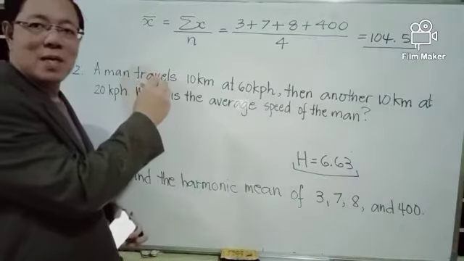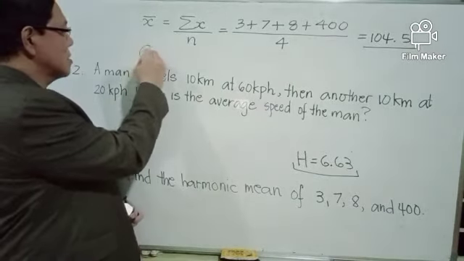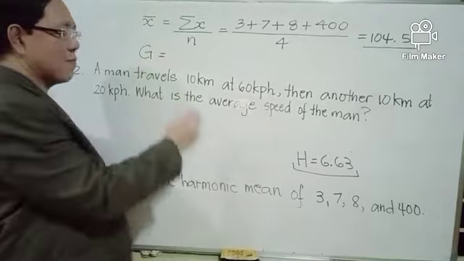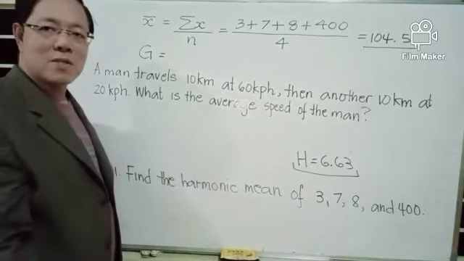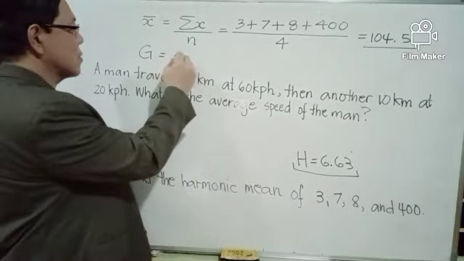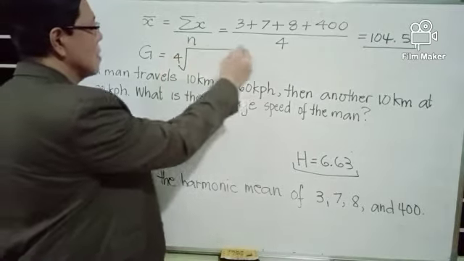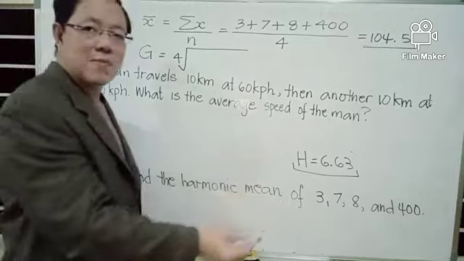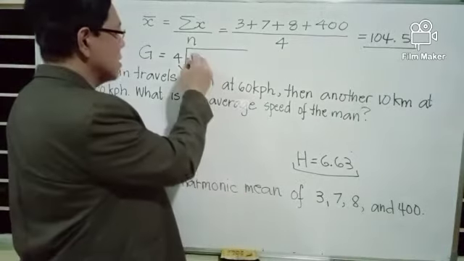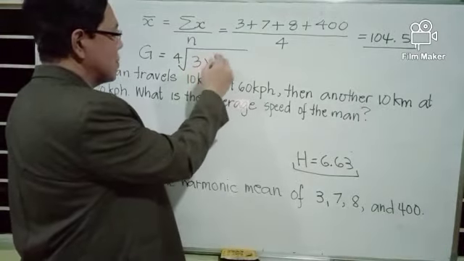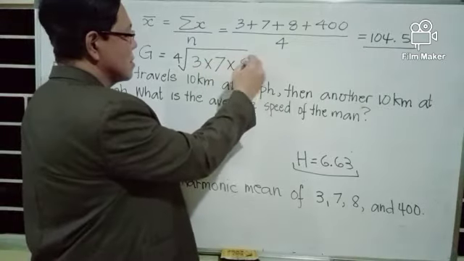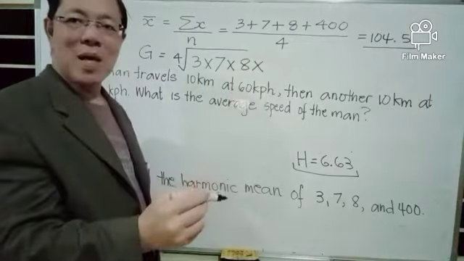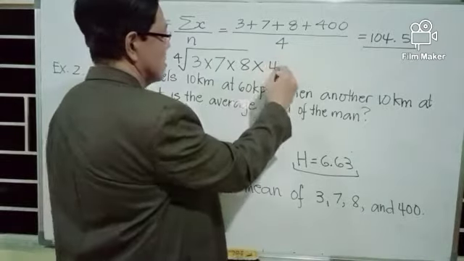The geometric mean is denoted by G. For our example, the geometric mean is the 4th root of the product of these 4 numbers, 3 multiplied by 7 multiplied by 8 multiplied by 400.